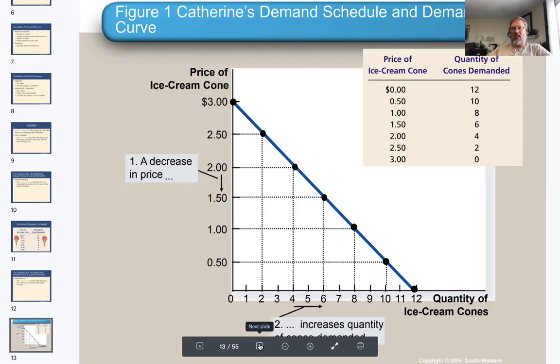So if you just think about your XY coordinate plane and quadrant one and plot the points and join them together, then you end up with this demand curve. And sure enough, as the price decreases, you can see there's going to be an increase in the quantity demanded.